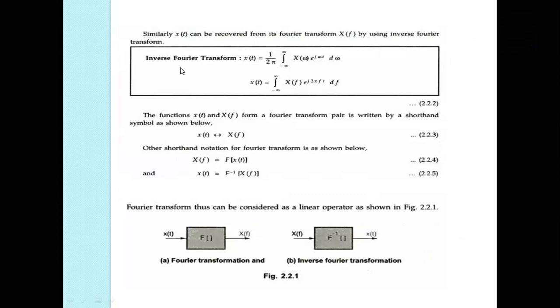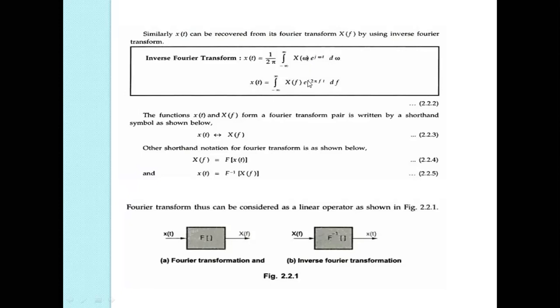Previously, we derived the expression from the Fourier series. The inverse Fourier transform is x of t is equal to 1 by 2 pi times the integral from minus infinity to infinity of X of omega e power plus j omega t d omega, and this integral is with respect to omega, my dear students.